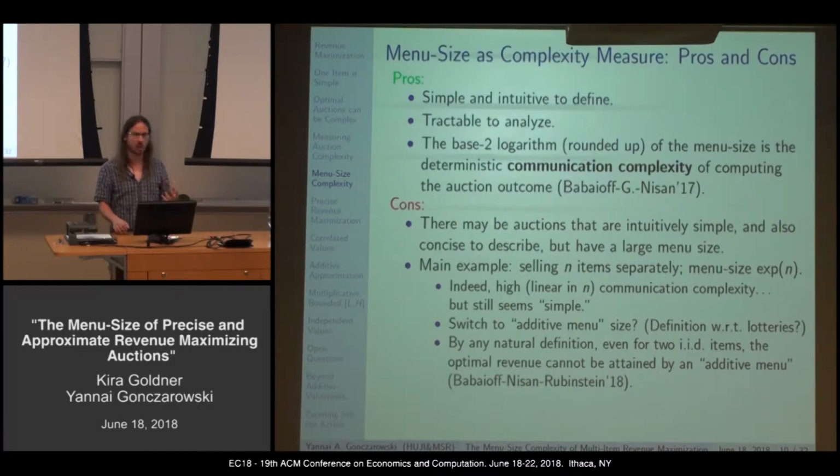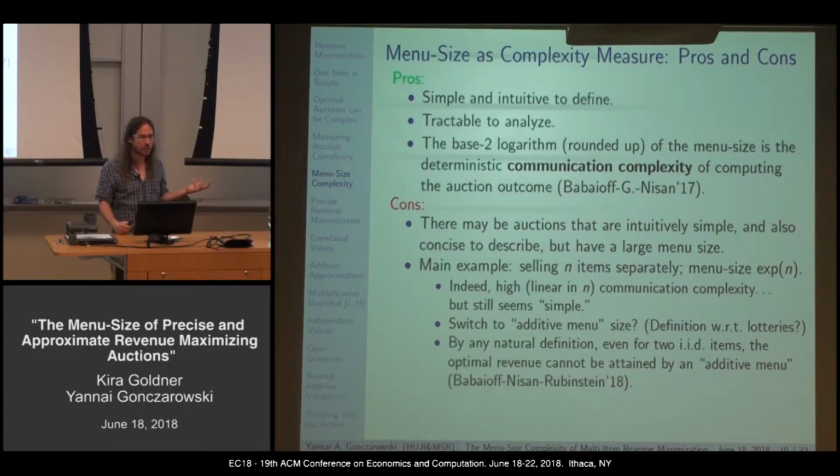The fact that you're allowing the buyer to choose more than one row kills your revenue. You sometimes want to not allow them to choose more than one row in order to drive them to yet another row. So talking about additive menu complexity is a bit of a problem because it's not expressive enough to always achieve the revenue that we're looking for.